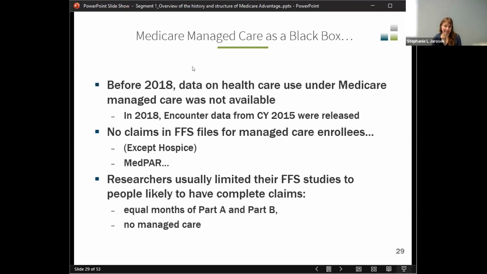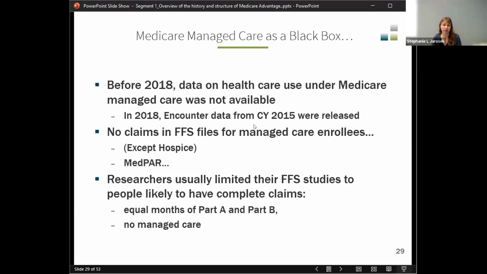Before 2018, we actually didn't have any data on Medicare managed care. So now we have data back to calendar year 2015, but they weren't actually released until 2018. And so we now have the ability to look back to 2015 for Medicare Advantage, but that never used to be the case.